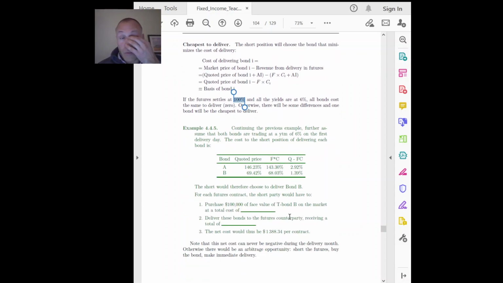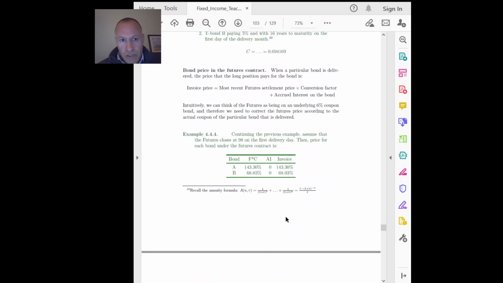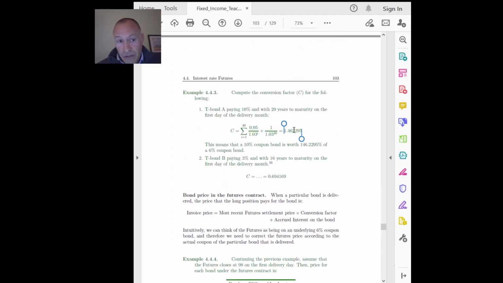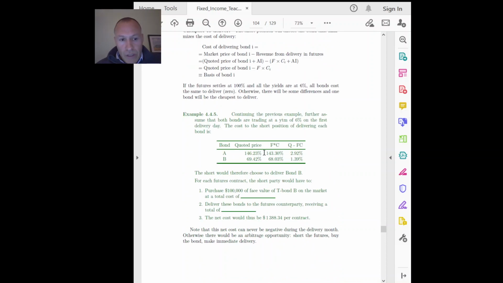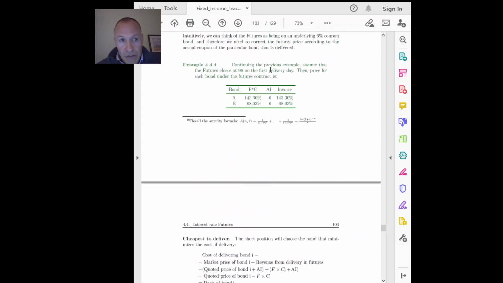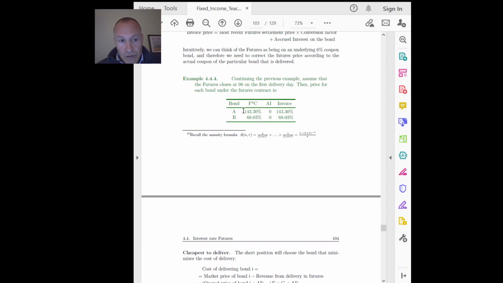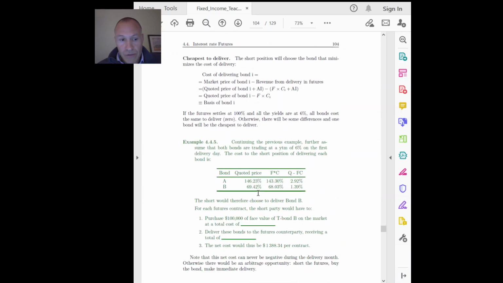So let's compute exactly what is the cost. So for bond A, the quoted price is what we defined already, which would be the present value of future cash flows at the yield of 6%, which is exactly the conversion factor, okay, that we did before. The invoice price that we get from the futures is this F times C, which we already did here, okay? So this is how much money I can get from delivering this bond in the futures contract.